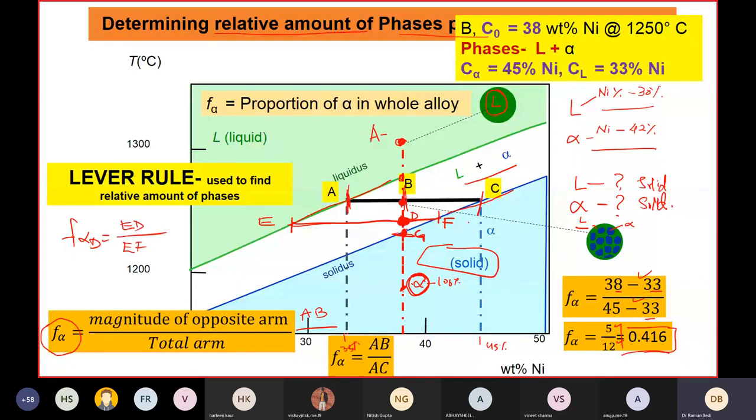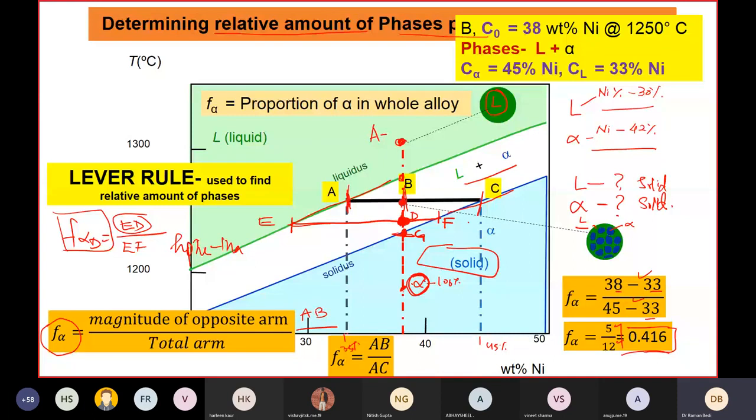We understand already that ED happens to be quite large as compared to AB, and that is why F alpha at D will be higher than what you found at point B, which is also known to us from the basics of the phase diagram.